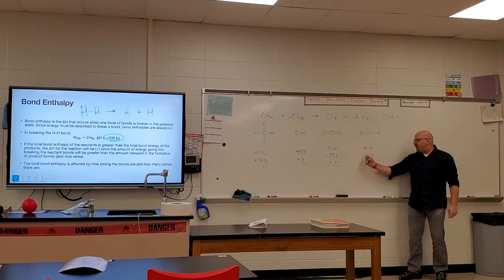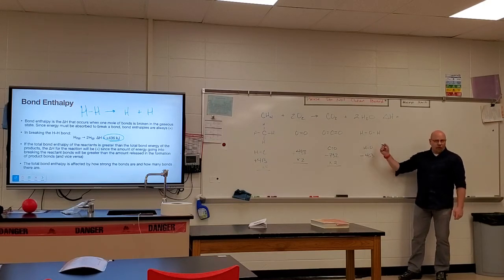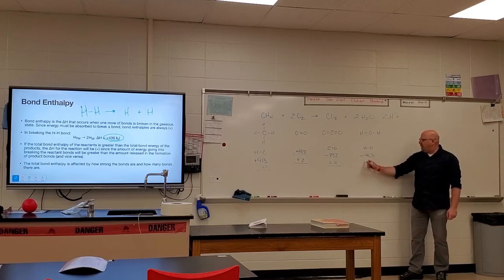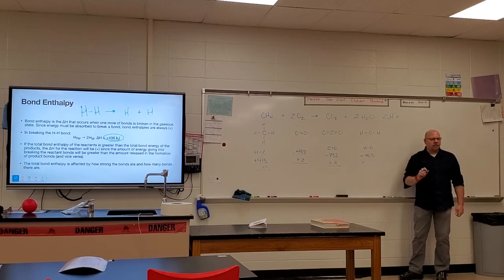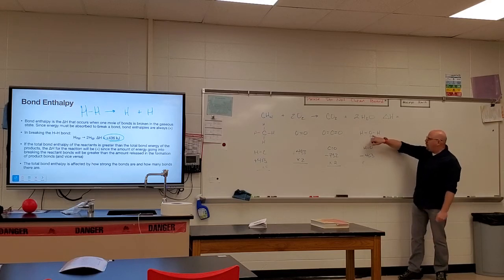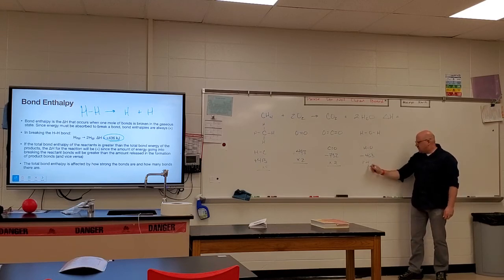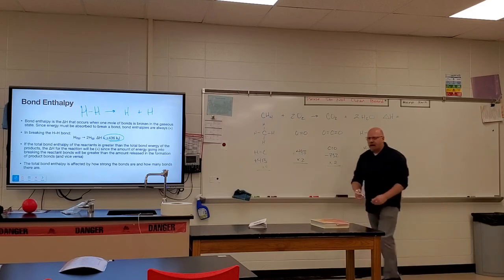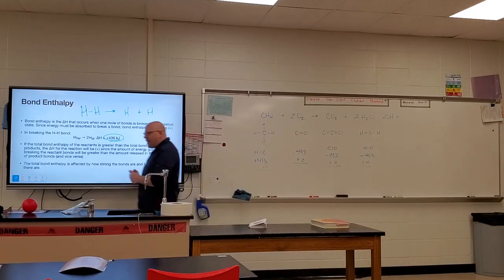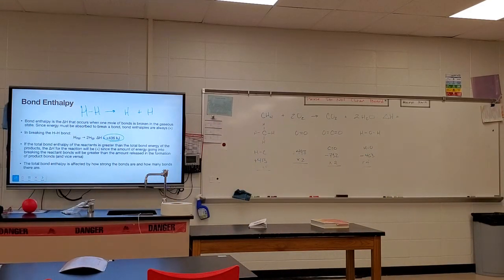I'm going to put a negative sign on that because we're going to be forming these hydrogen-oxygen bonds. How many hydrogen-oxygen bonds are we going to be forming? 4, because in a water molecule we've got 2 of them, but we have 2 water molecules. Add them up. Multiply them up.